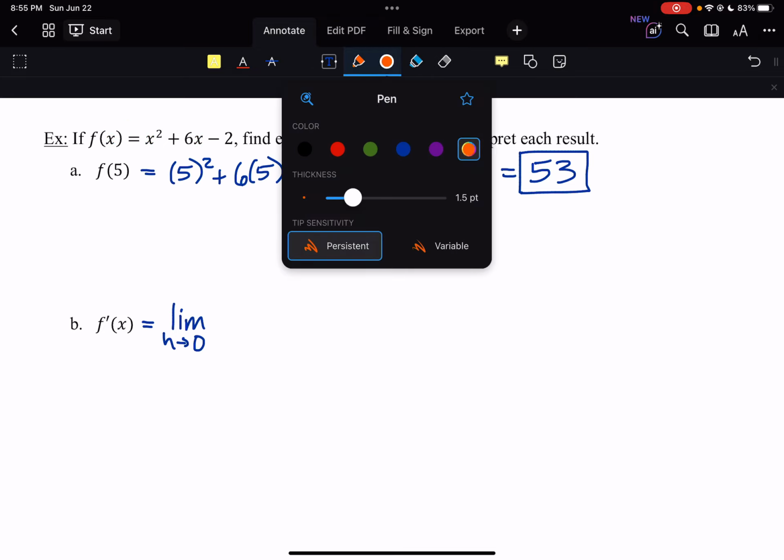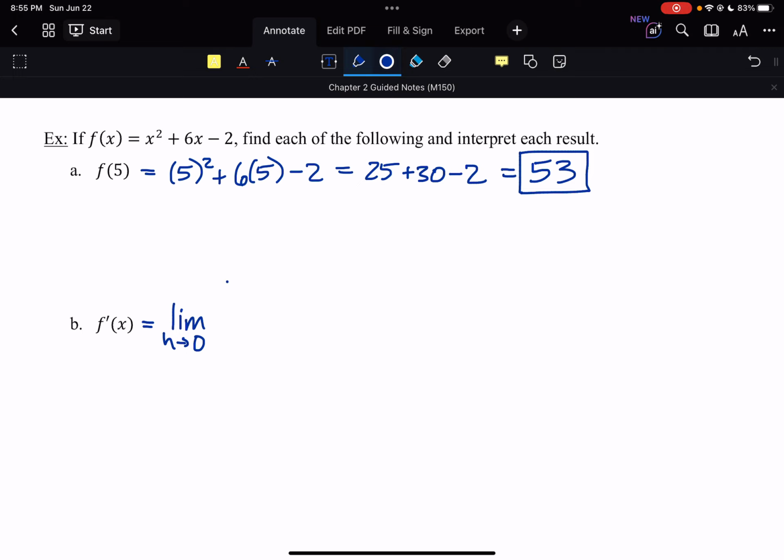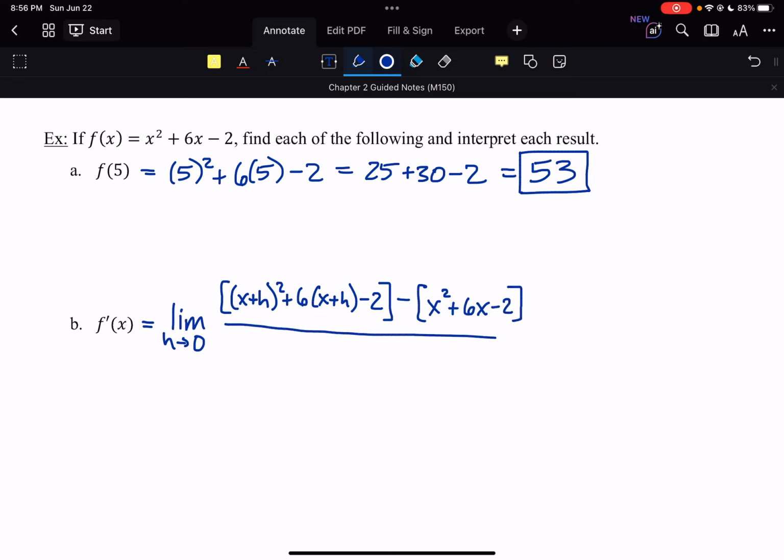Okay, so that's going to be x plus h squared plus 6 times x plus h minus 2. And then minus f of x, so that's just the original function itself, all over h.